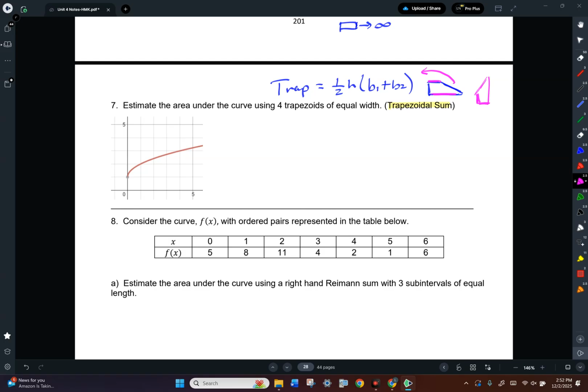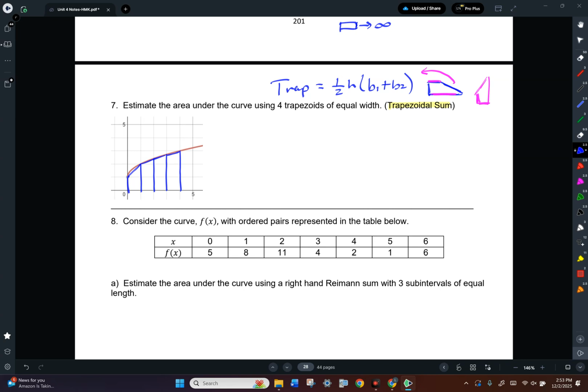And that's how all the trapezoids are going to look that we're going to use. So look at number 7. I still want to go from 0 to 4. And I want 4 intervals. But this time, I don't want rectangles. I want trapezoids. So if I connect the top of each interval, those are 4 trapezoids.